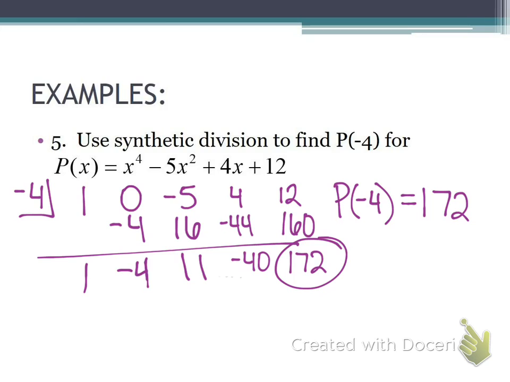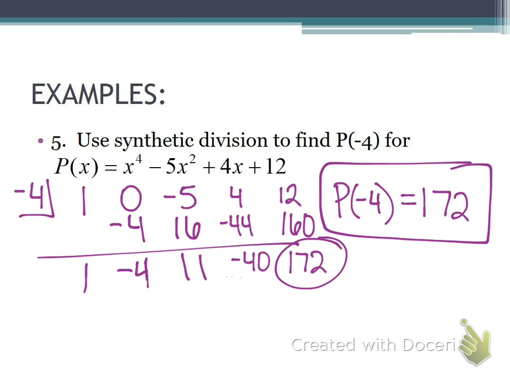So in this case, we don't really care about all those other coefficients. We're not setting up that polynomial unless they ask us to divide a polynomial by another binomial. If all they're asking us to do is evaluate the function or the polynomial at a certain number, all we really care about is that remainder. So here is our final answer. That's it, 172.